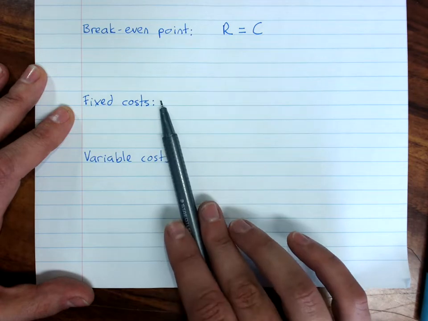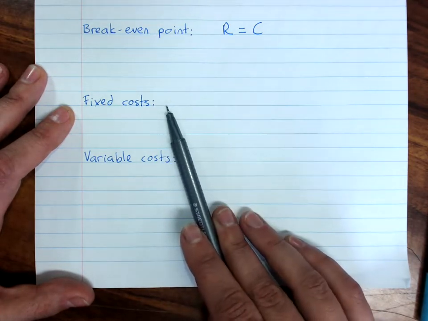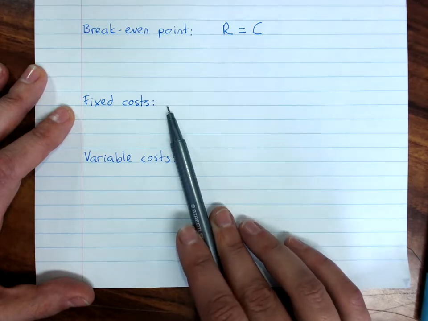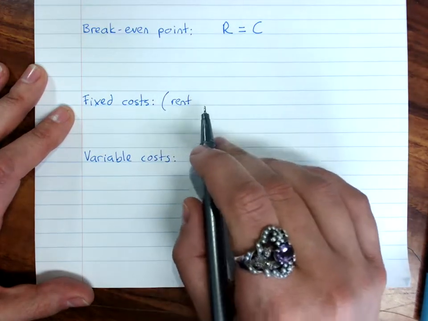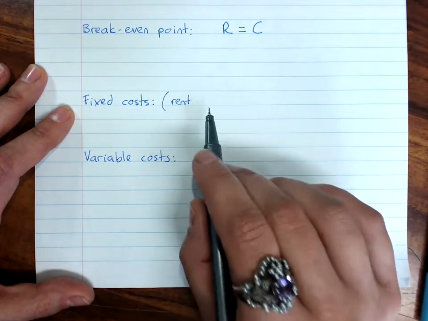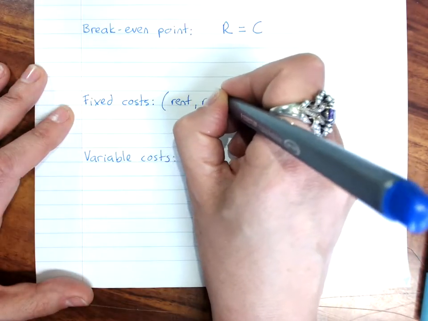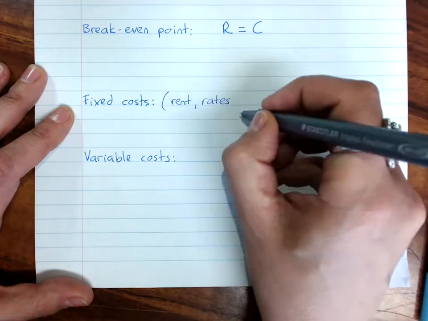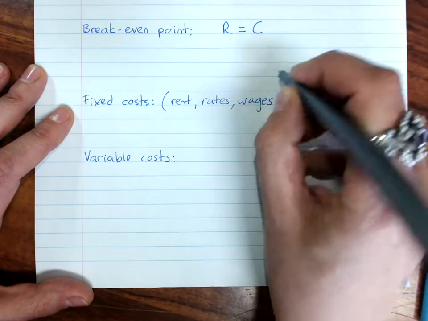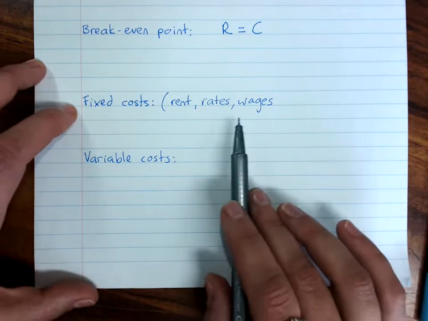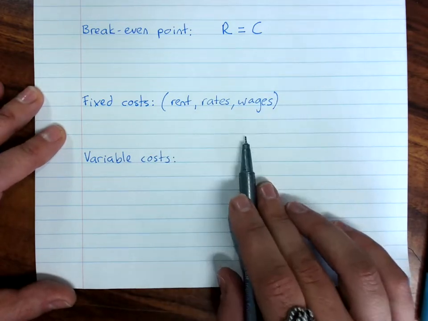Now fixed costs, it doesn't matter how much you sell or how much you make, this cost just keeps going. So they're the sort of things like your rent. You've got to rent your building. It doesn't matter if you didn't sell anything, you still have to rent your building. It might be the rates that you pay. It might be the wages, interest on loans, all this sort of stuff. These costs are the same every week or month or year.